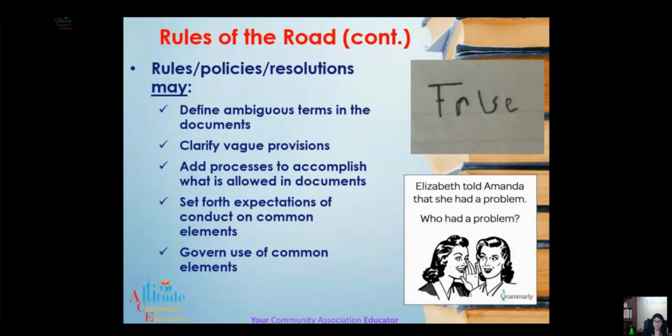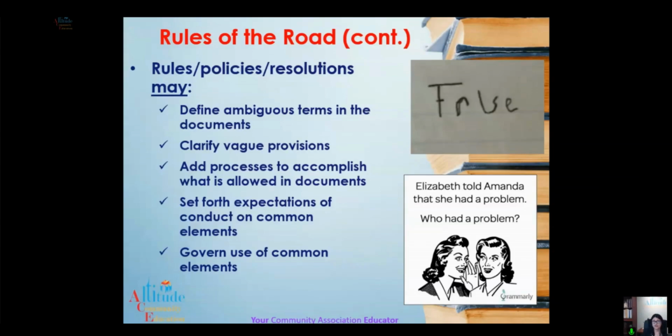So again, we can create a rule that says you can't leave your bicycles out on the common area overnight. You can have a rule that says pets must be leashed when on common area. Okay, that's all appropriate, even if your declaration doesn't speak to that.